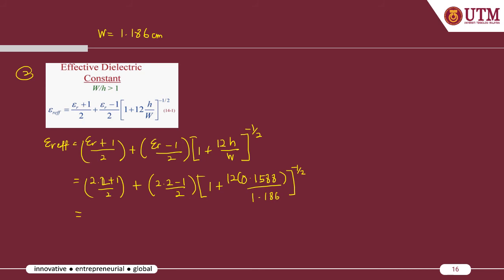Right, so the effective dielectric constant, you should get 1.972.